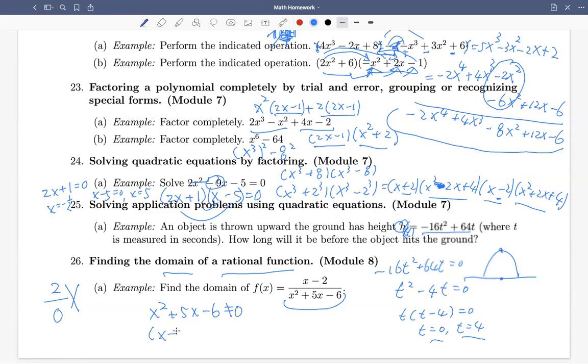So x plus 6 times x minus 1 cannot be 0, right? Because you see the middle term, 6x minus 1x, that's 5x. So that means x equals negative 6 and positive 1. So two solutions.